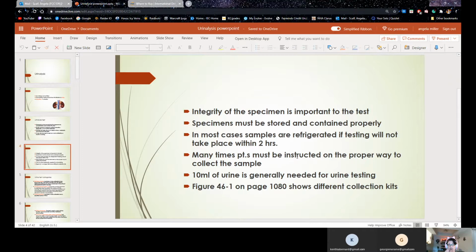In general, about 10 mLs is the absolute minimum, but I tell everybody, to be safe, always go for about half of the cup. If you can get that much, that's perfect. In your book, it shows you the different types of collection containers and kits that you have, and when you go to lab, you'll see those as well.